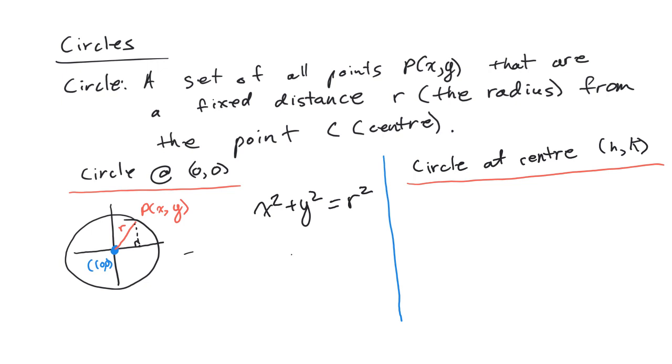So we have a circle, we have our graph here, we have a point in the center, call it HK, and our circle is around it like that. Okay, the radius goes out to the edge, and we still have our R value, and we have our point XY that's on our graph.